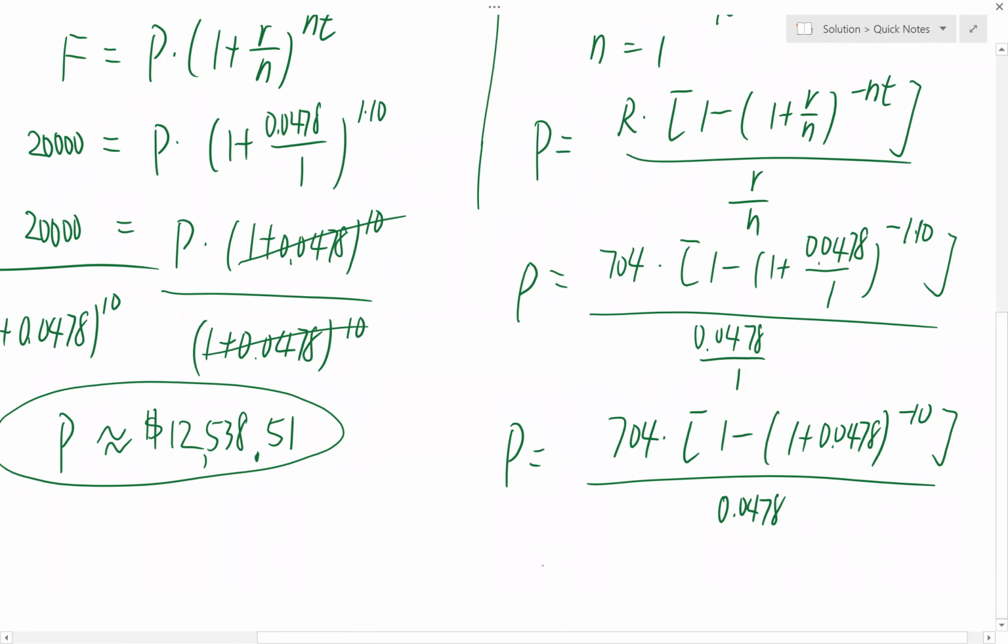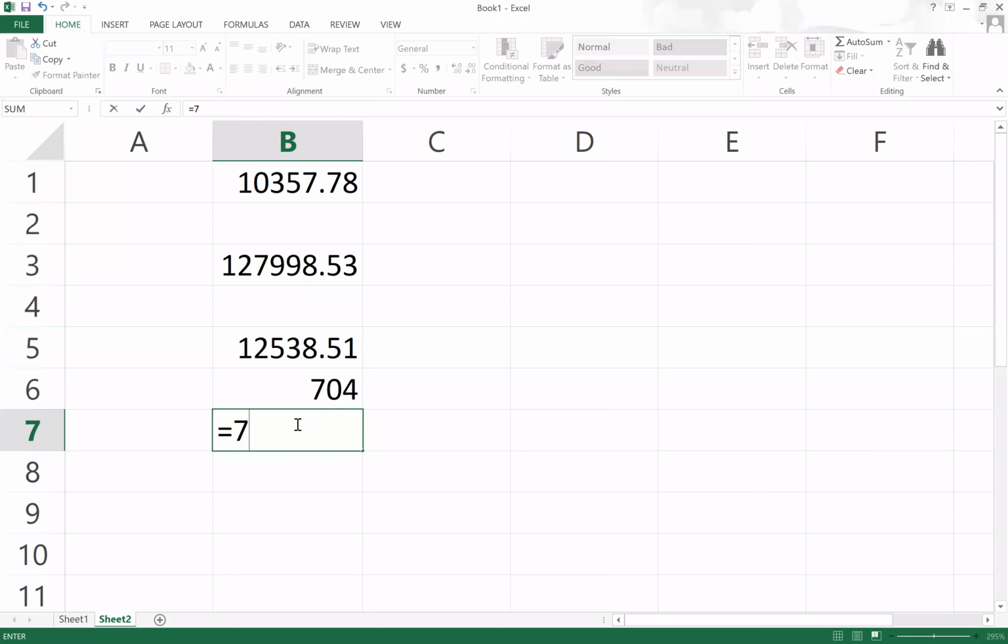Then let's see what that is. Let's go to Excel and get a result. So it's 704 times 1 minus 1 plus the rate 0.0478 raised to negative 10th power, close parentheses.